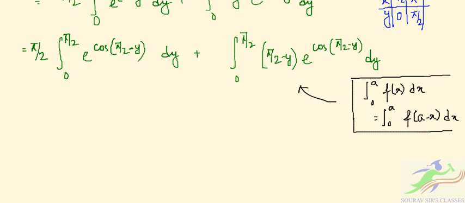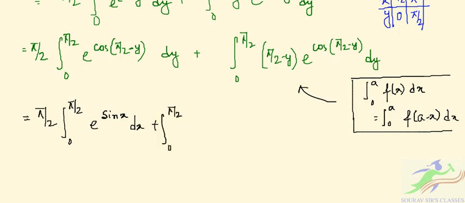so here we can mention after this step, it will be 0 to pi by 2 e to the power sine x dx, right, plus 0 to pi by 2, so it will be pi by 2 minus x e to the power sine of x dx.